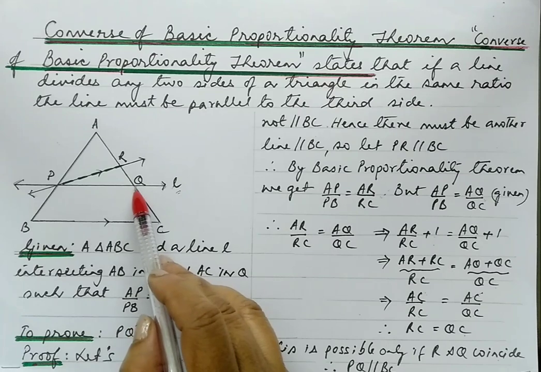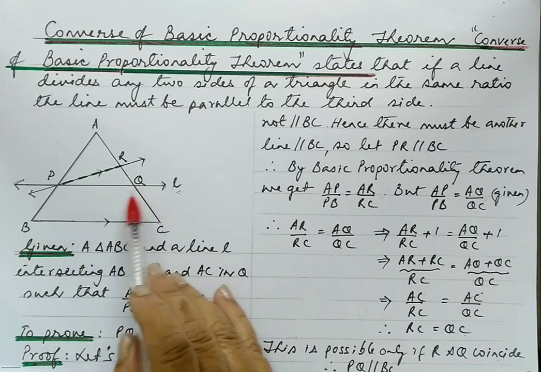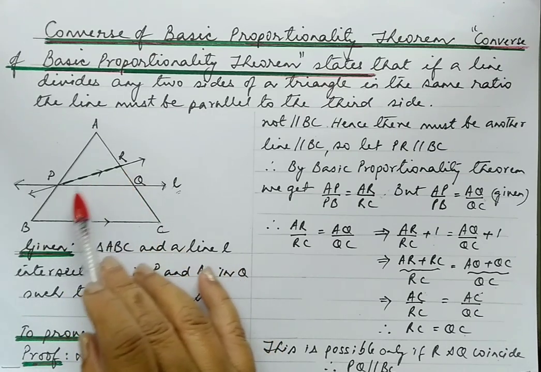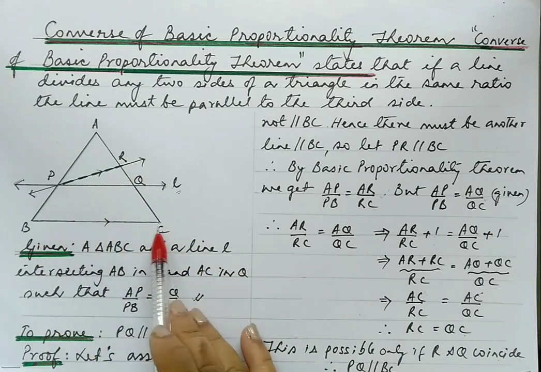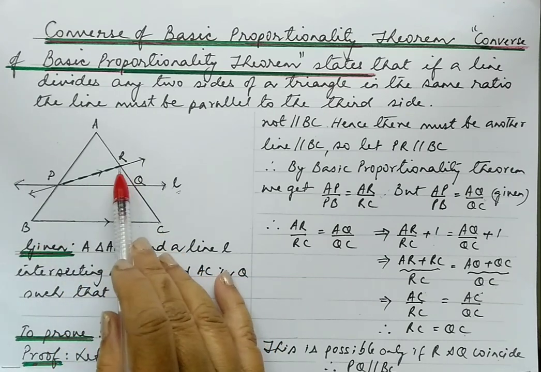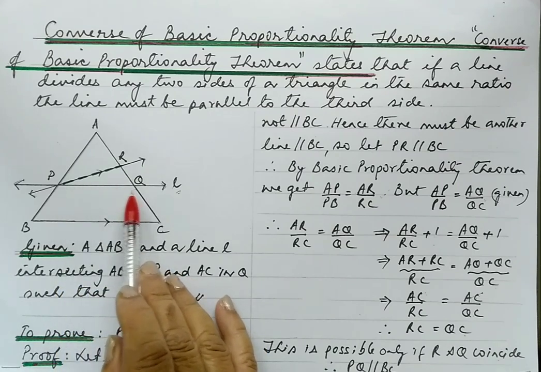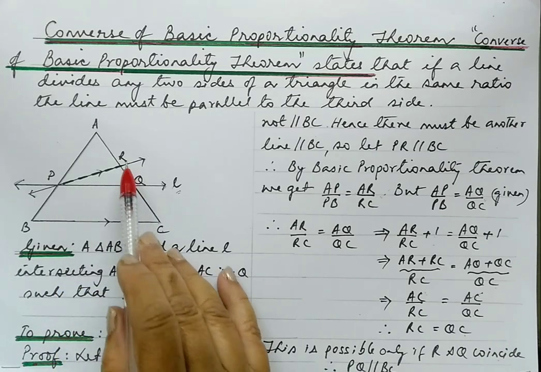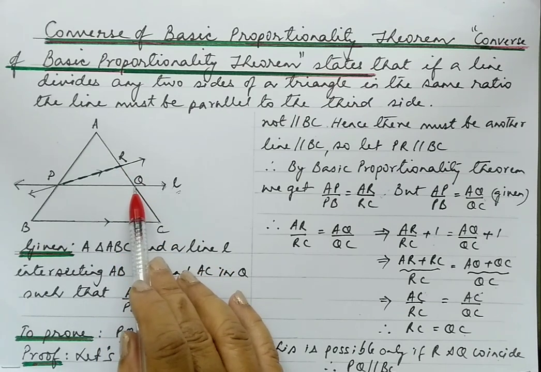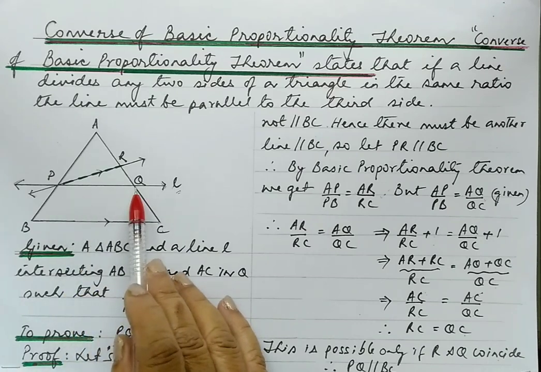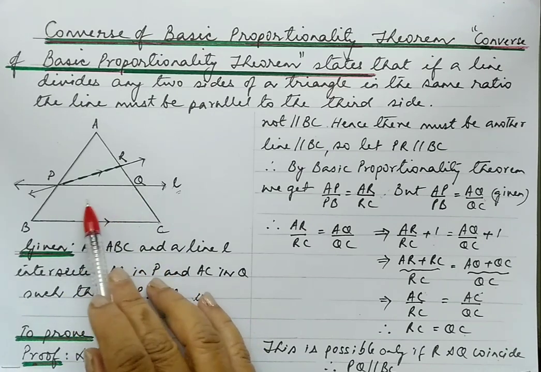So if PR was deliberately made parallel to BC and PR stretches to overlap PQ, so that R and Q are at the same position, it means that PQ is parallel to BC, and hence proved.